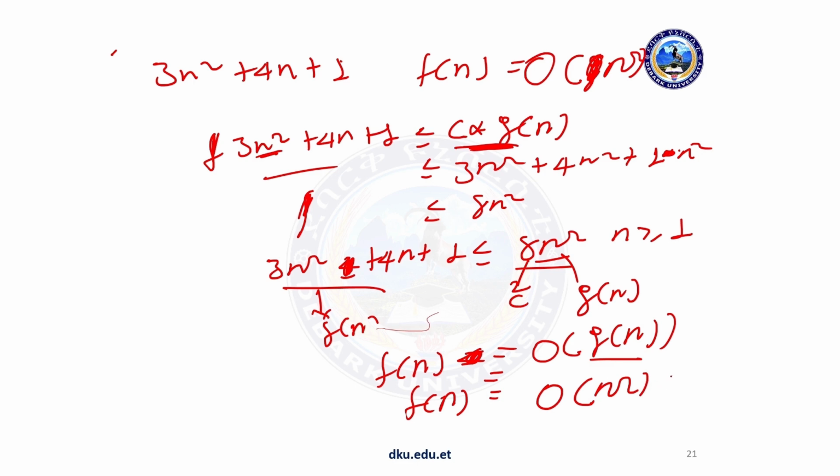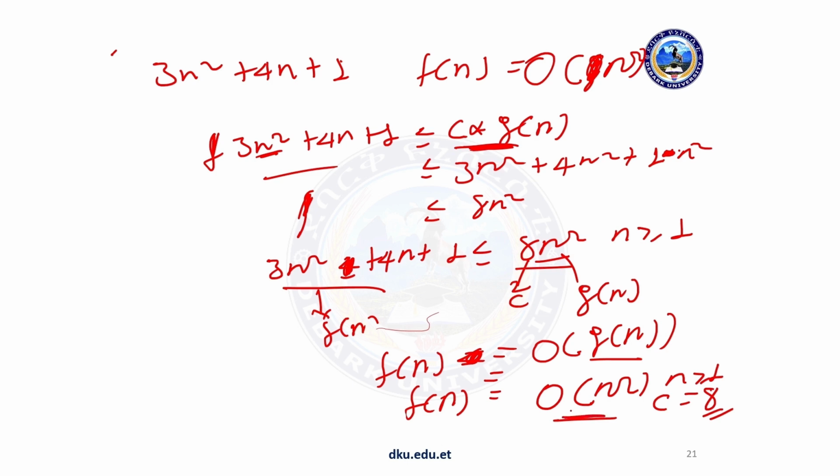When the value of n is greater than or equal to 1, and the value of c is what? The value of c is 8. So we can simply prove any time complexity for any algorithm just like this.